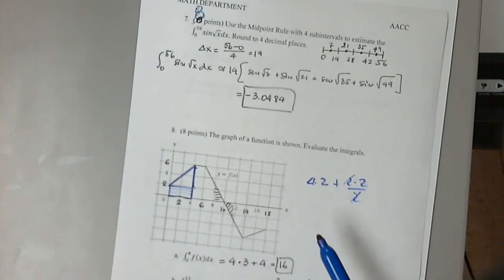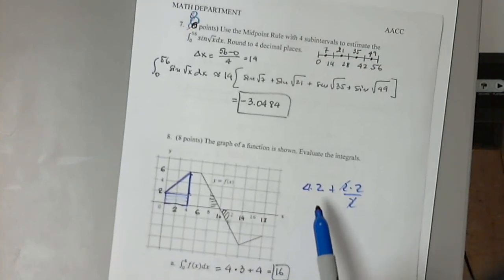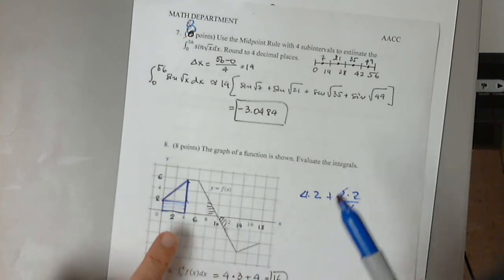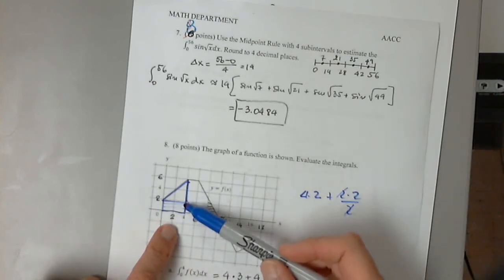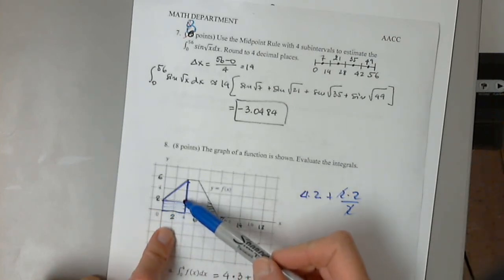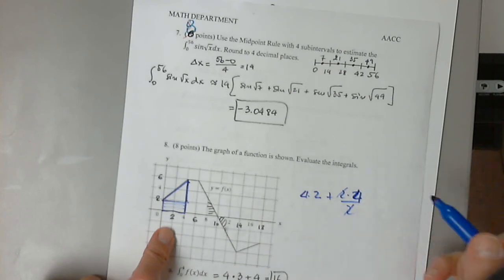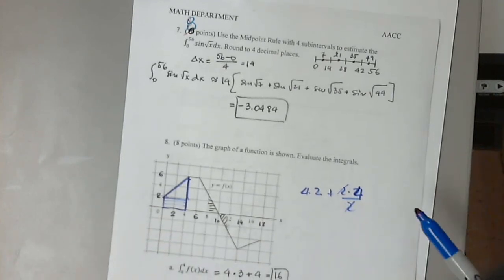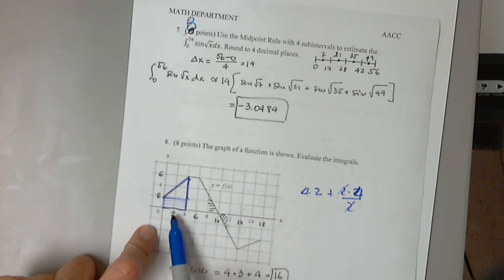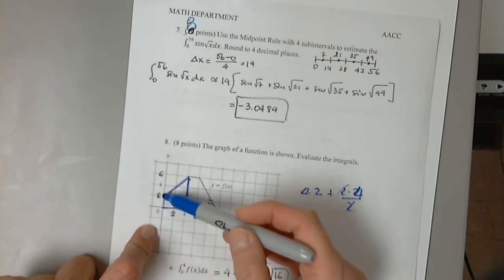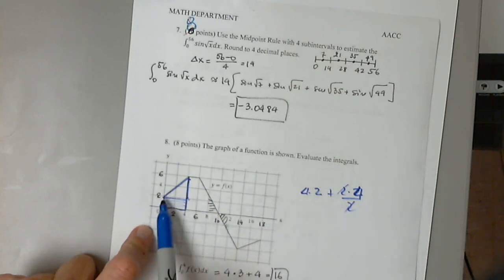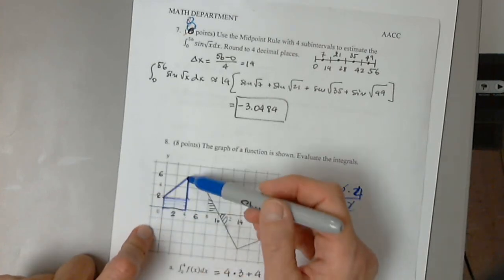Hold on. Let me see what I did. I calculated differently here. So I have 4 times 2 plus 4 times 4 divided by 2.